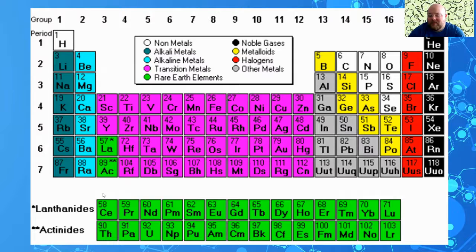We have rare earth elements, which are these lanthanide, actinide series elements. We have noble gases on the far right. We have metalloids here in yellow. And we have the halogens here in red. So those are the different families of elements. Some are metals, some are non-metals.